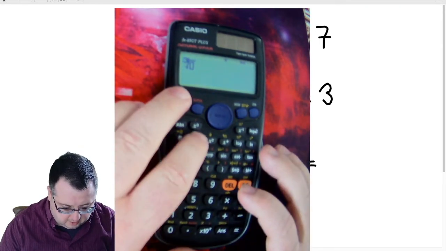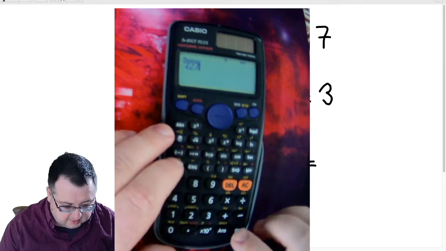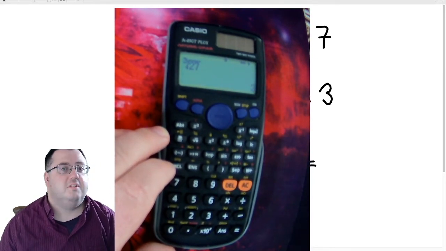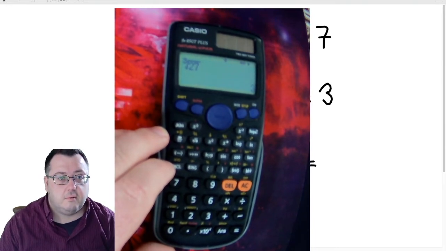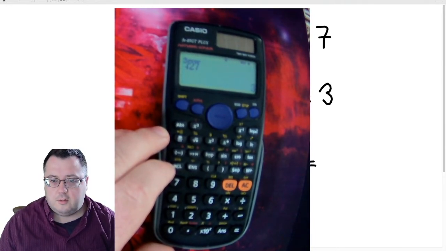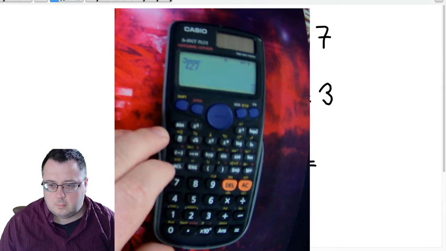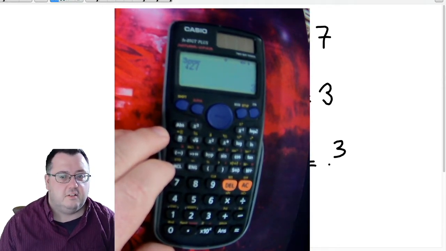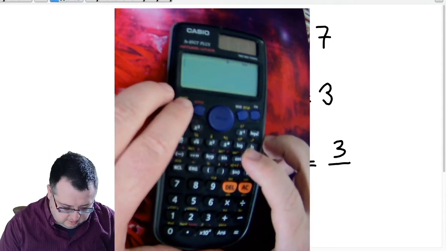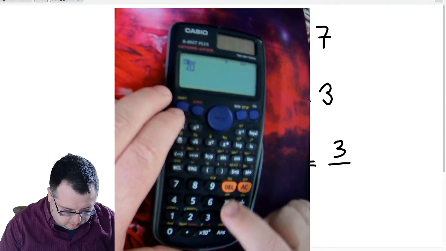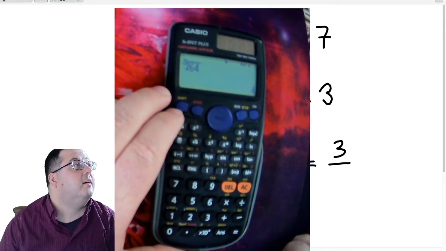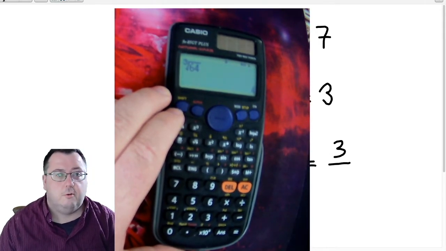And we're looking for the cube root of 27. Gives me 3, which is the first thing that's going to be put on the top. And then we're going to need to do the cube root of 64. And that will give me 4, which will go on the bottom.